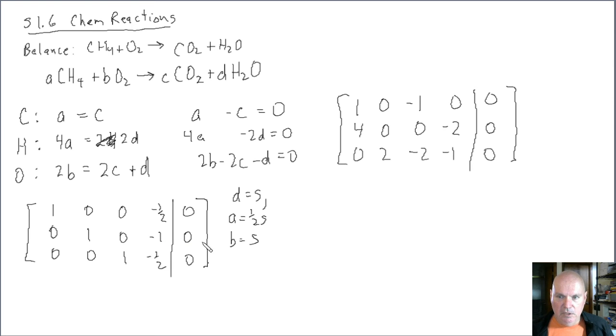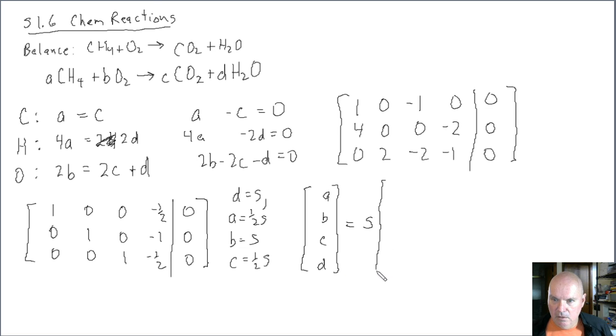So that's B is equal to D, or B is equal to S. And then finally, I get C is equal to 1/2 S. So writing it out in solution vector form, A, B, C, D is equal to S times 1/2, 1, 1/2, and 1.